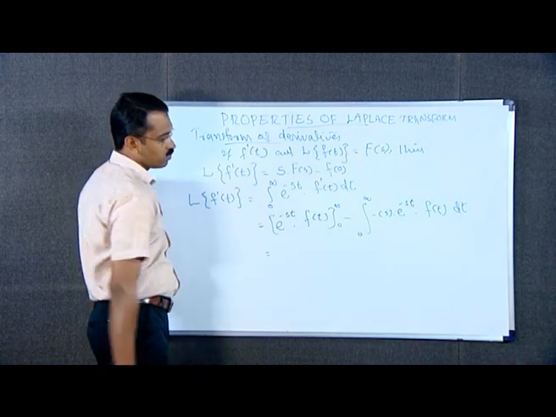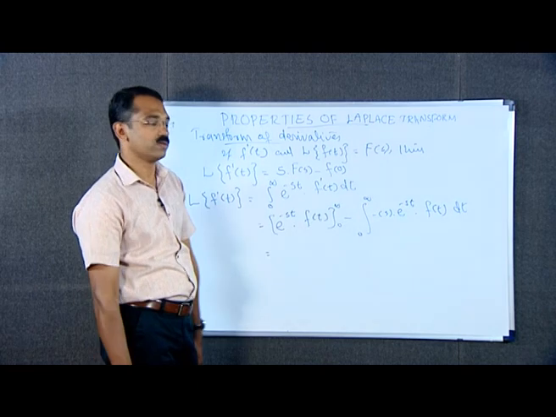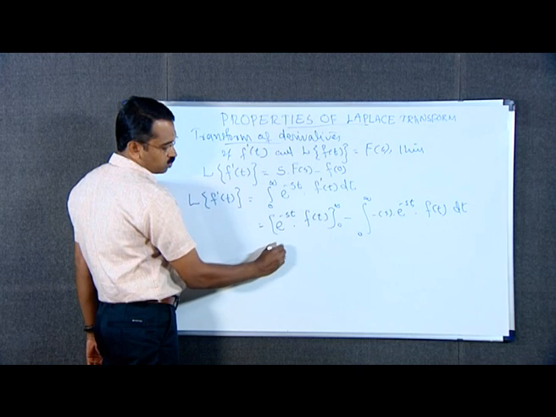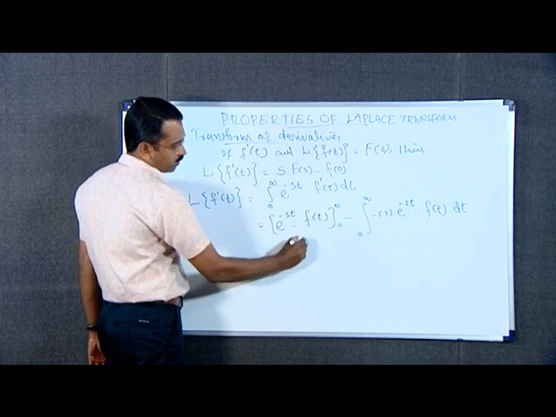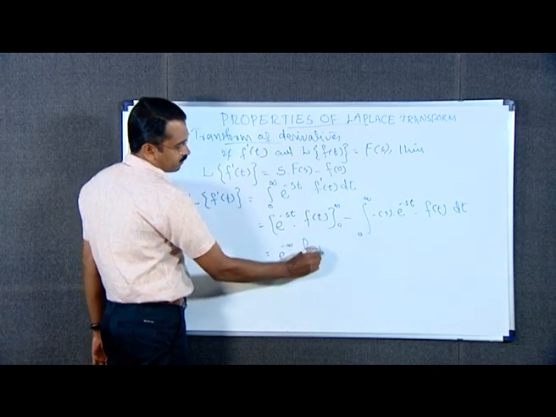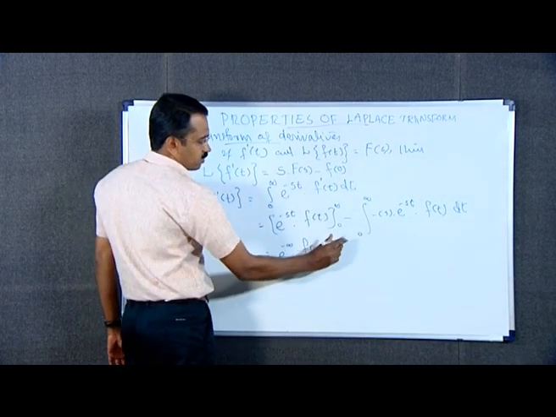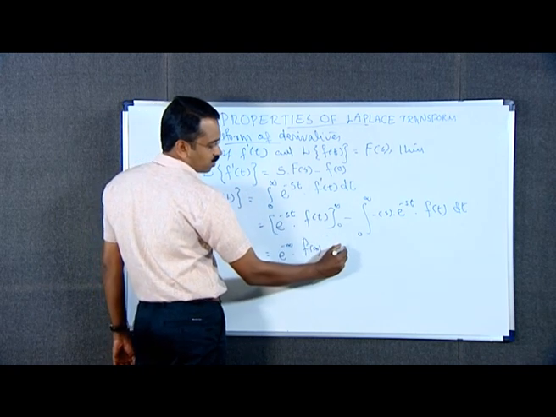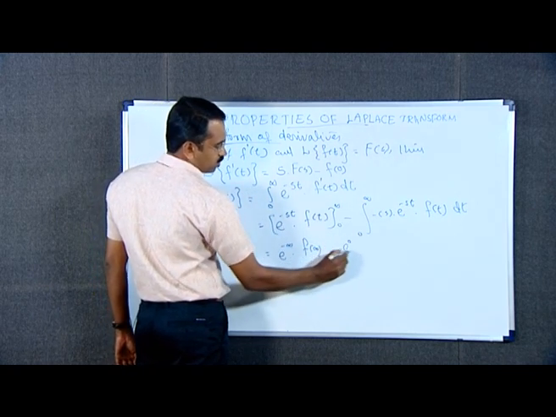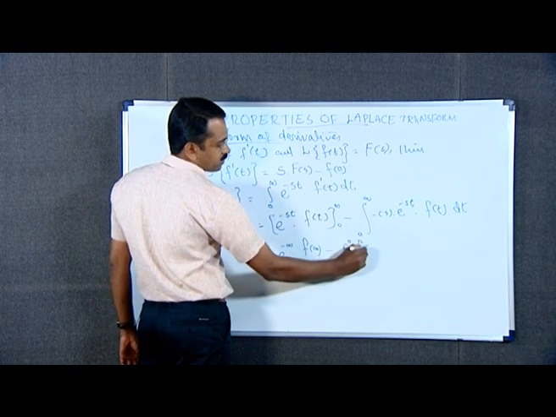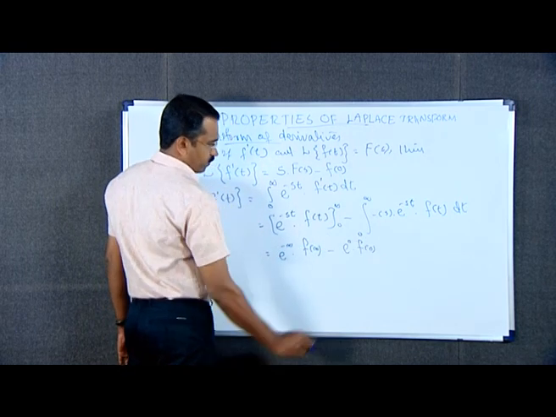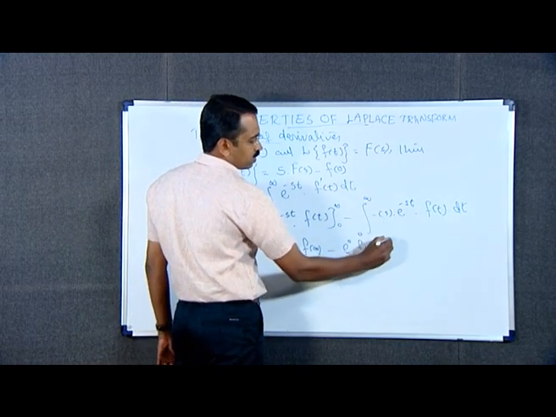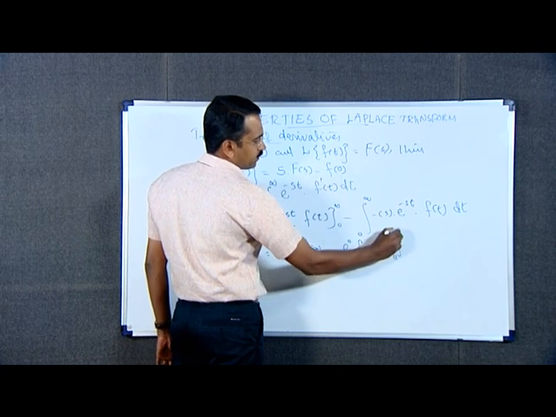This is equal to, when we apply the upper limit infinity, e raised to minus infinity into f of infinity, minus, apply the lower limit 0, we get e raised to 0, that is 1, into f of 0, minus, here negative of negative is plus, integral from 0 to infinity.